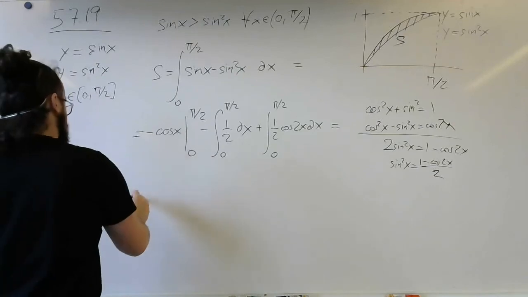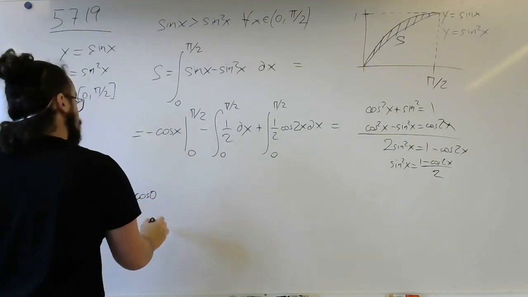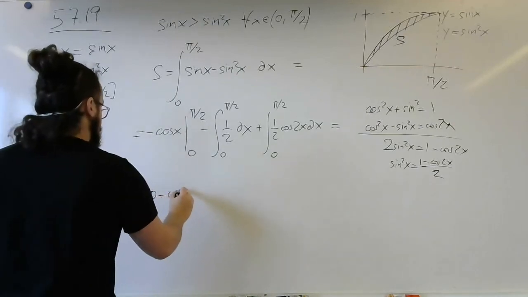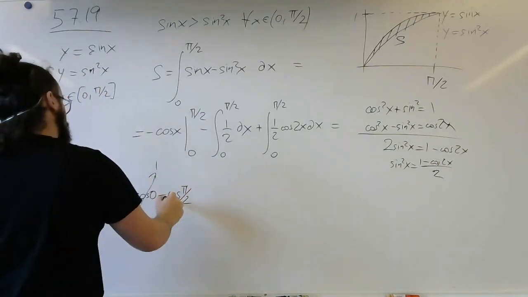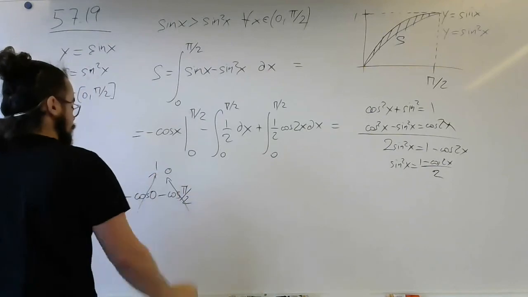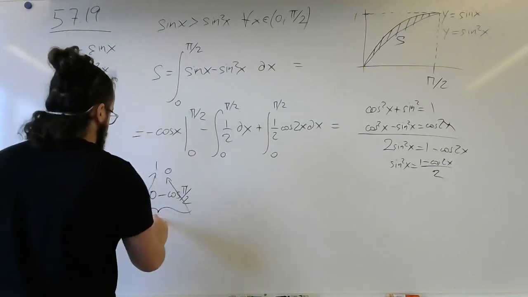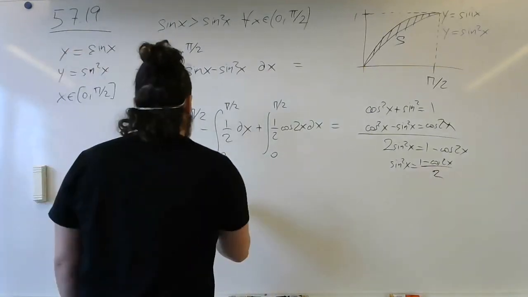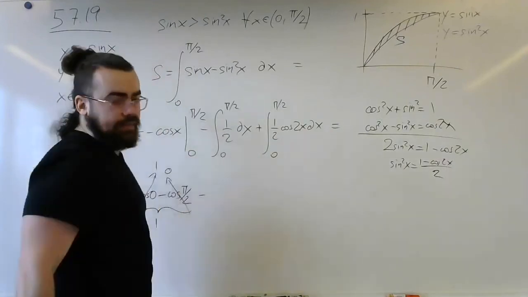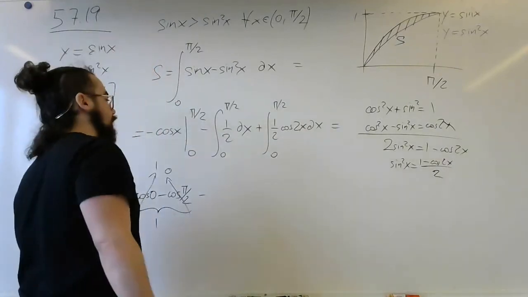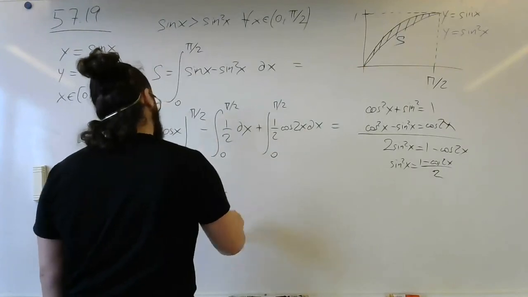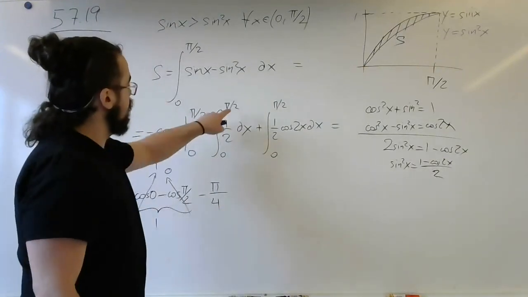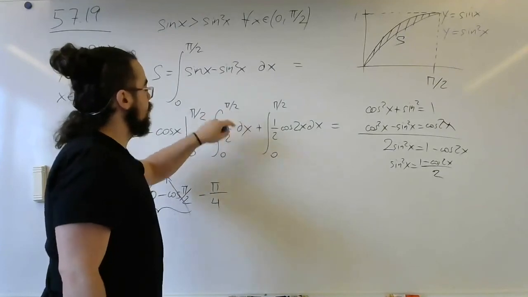So this is cosine of 0 minus cosine of pi halves. This is 1 and this is 0. So this is 1. Minus integral of a constant, the constant times the length of the interval. Pi halves times 1/2, pi fourths.